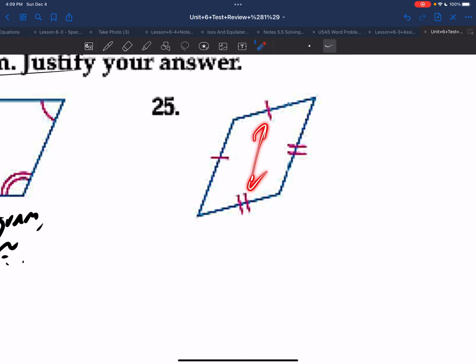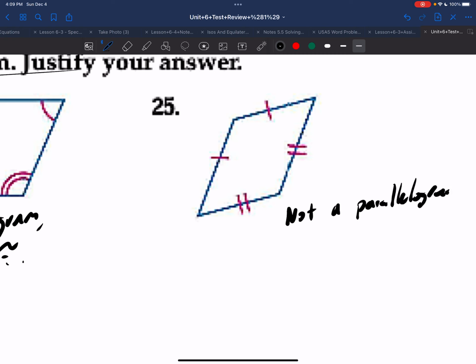These sides are opposite to each other, but they are not the same length, just due to the fact that they have different tick marks. So no, not a parallelogram, because opposite sides are not congruent, okay?